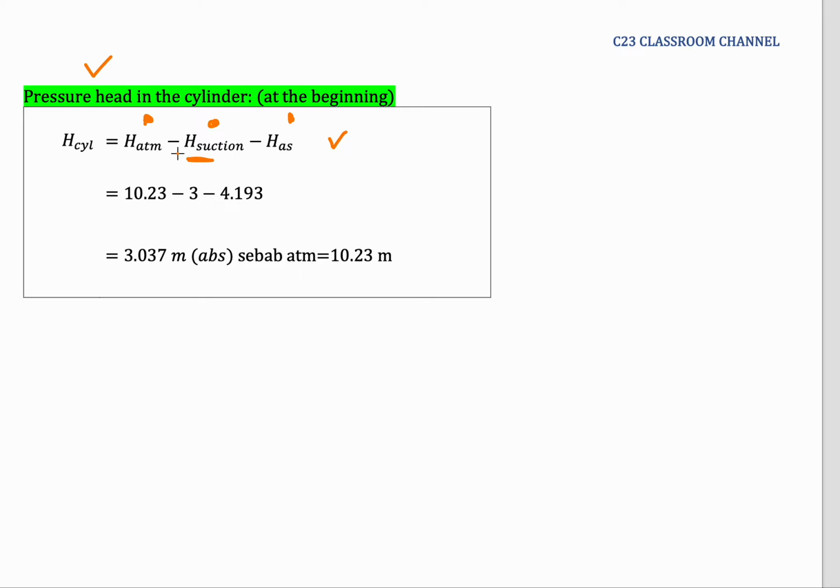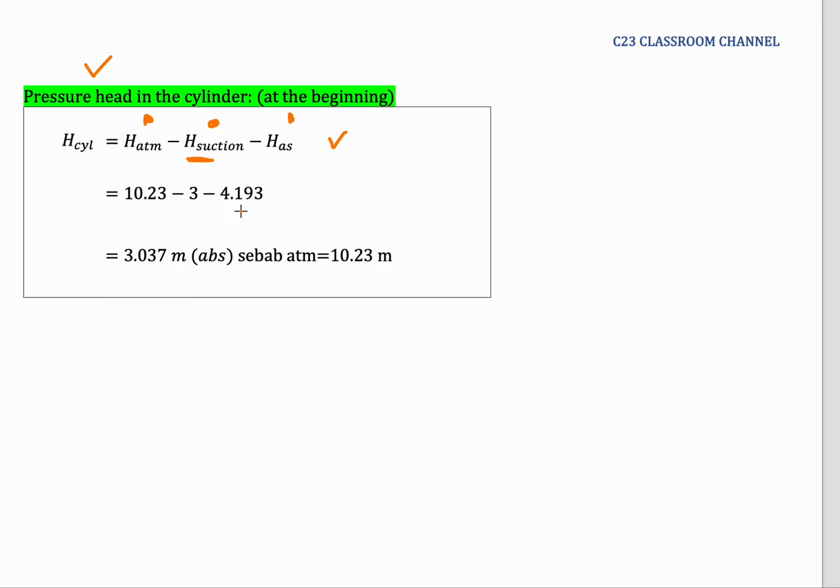That's why we need to minus the suction head and also the acceleration head. If the pressure is above the atmospheric pressure, the vacuum is not being created, so we will find that no water is being sucked in the suction pipe.